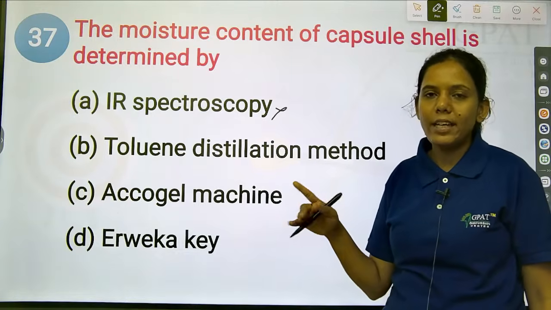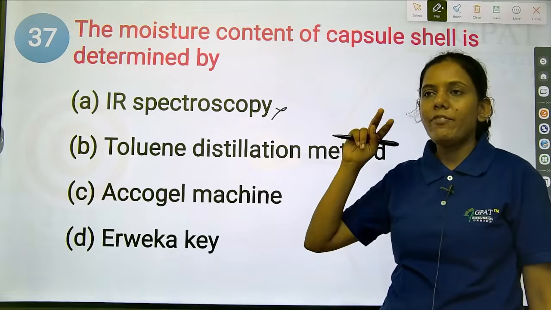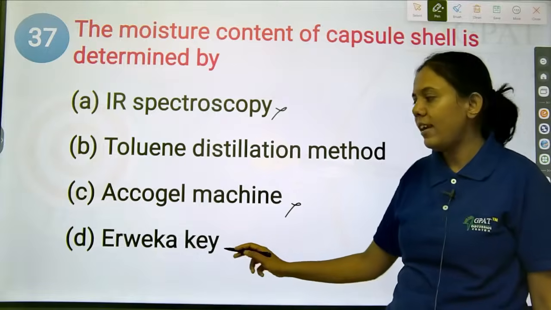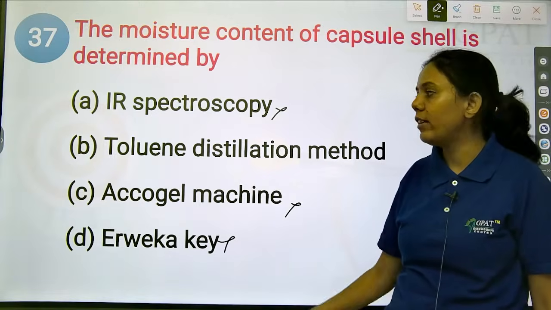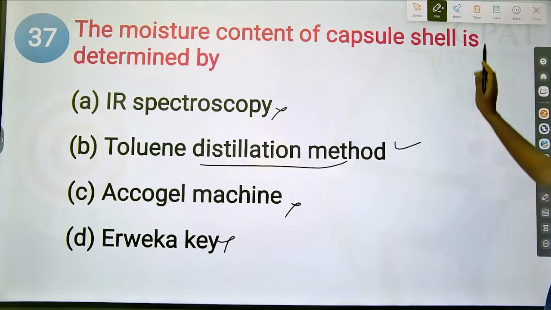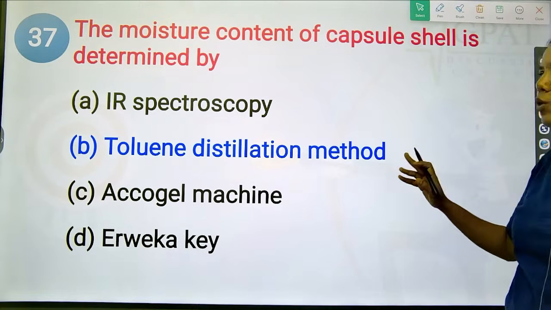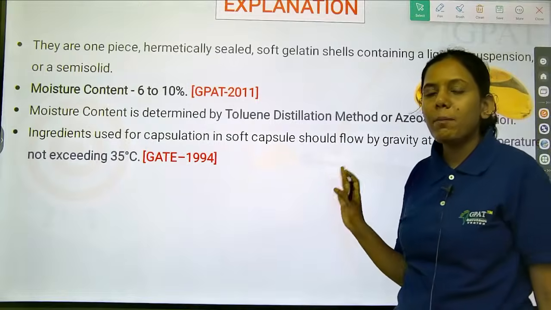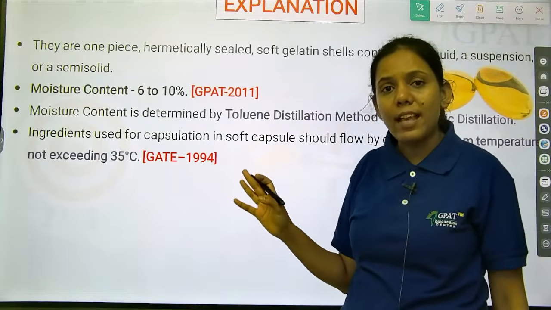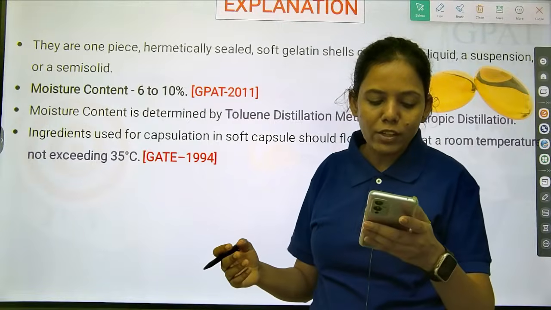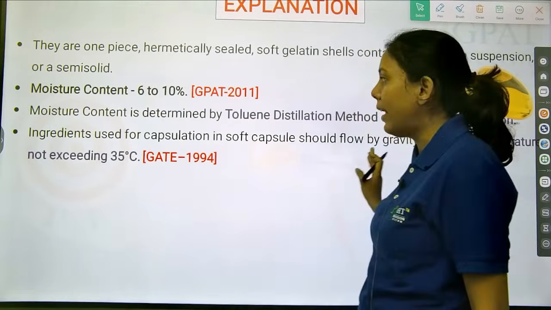Basically this method is to study the functional group, if there is a change from crystalline to amorphous and all. Echo gel, and just now we have seen it is not there. But toluene distillation method is to check the moisture content of the capsule shell. Okay. If you want to check moisture content in any sample, then you also have the Karl Fischer titration. I think you guys know that from the analytical point of view.